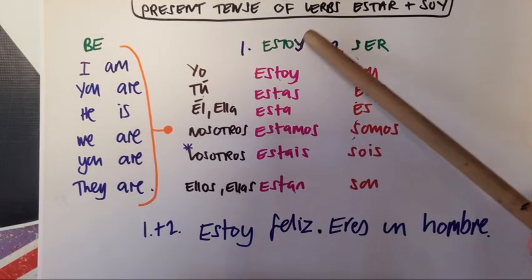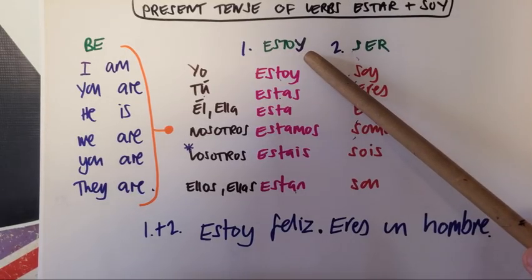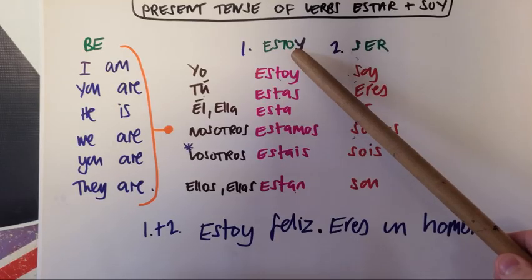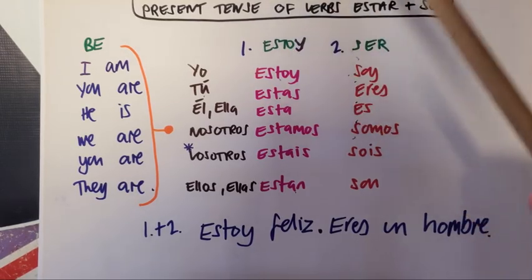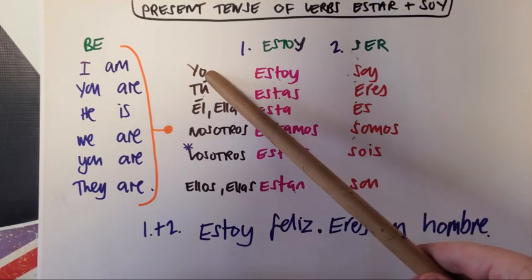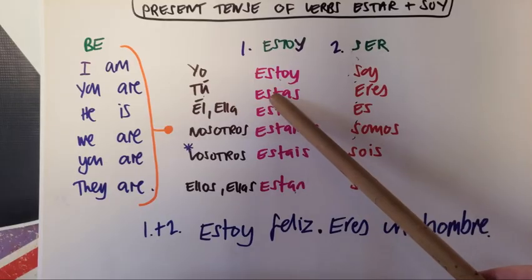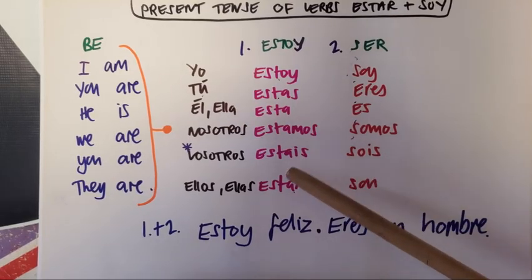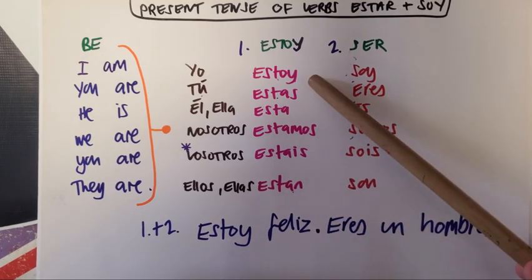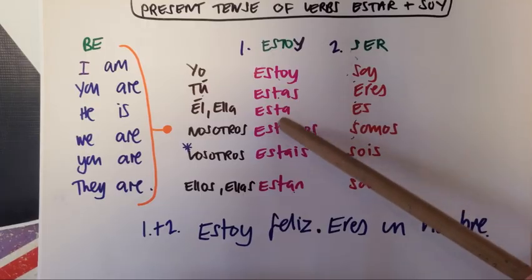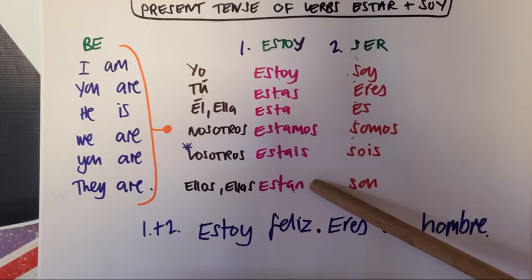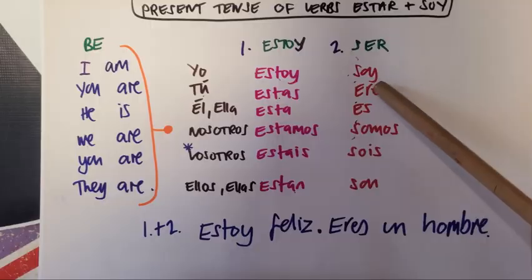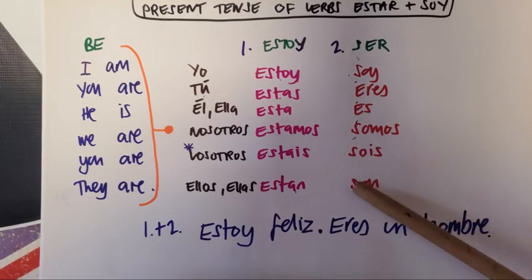So the present tense of the Spanish verb estar is yo estoy, tú estás, ella está, estamos, estáis, están. Every ending is different. To be: soy, eres, es, somos, sois, son.